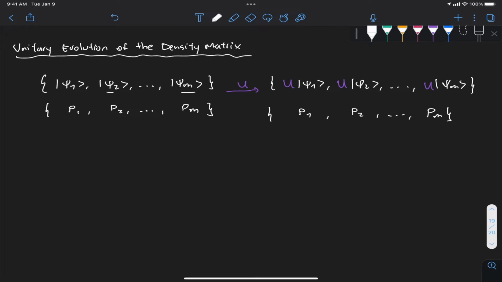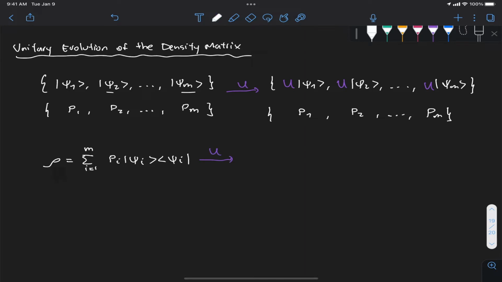So now the question is, this is for an ensemble of states. How do we translate this to the density matrix formalism? So we had that the definition of our density matrix is the sum from i equals 1 to m of the outer product of each of the elements in our ensemble, weighted by the probability of occurrence of each state. So now we want to know, if I apply that unitary, what do we get on the other side?